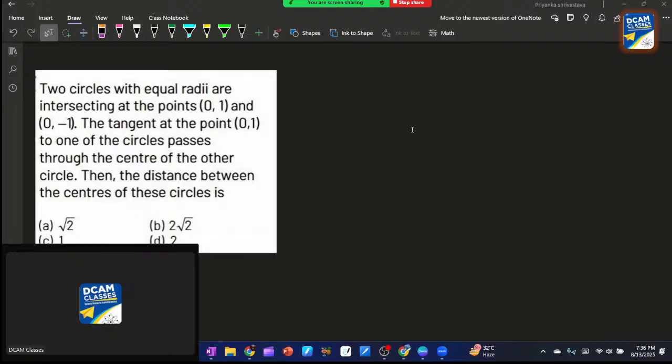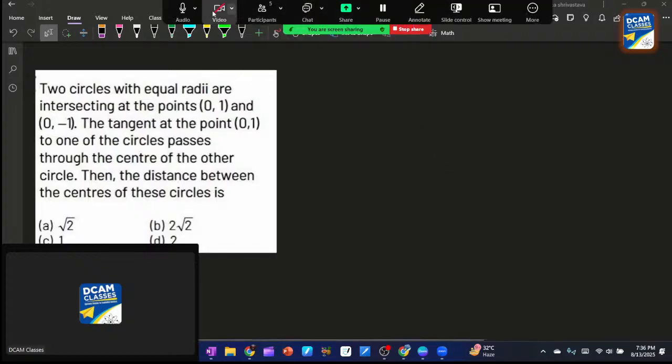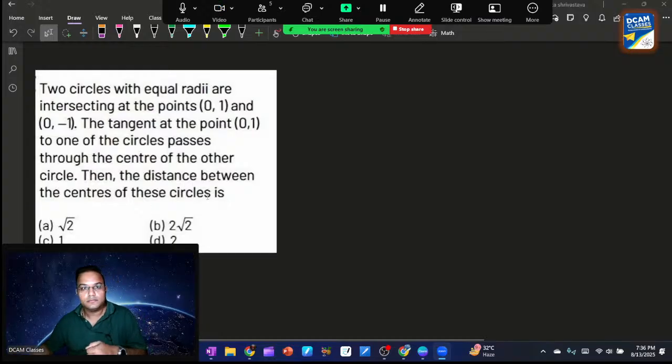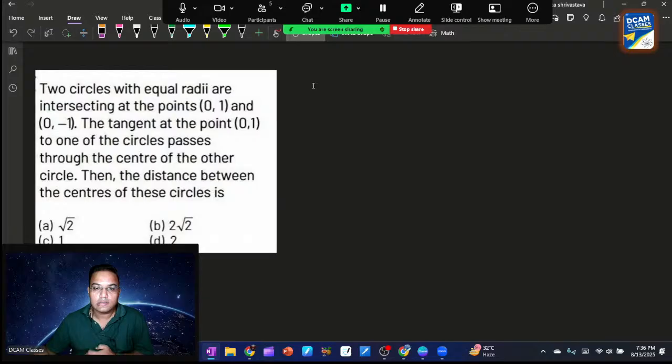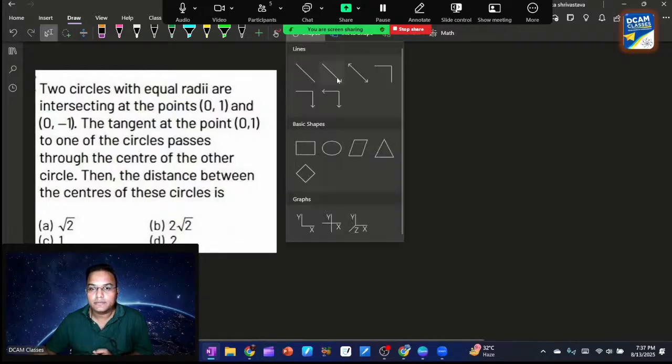Sir, how will you find the radius? This distance you will use, no? See, they said they're intersecting. The distance of the center with the point of intersection is the radius.